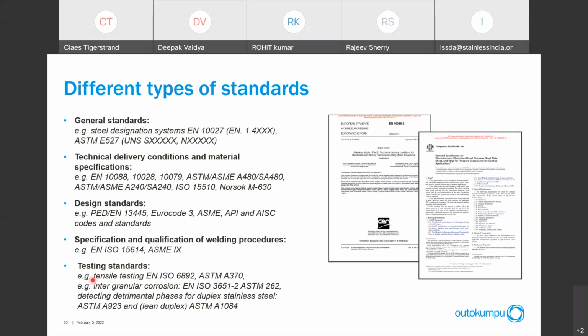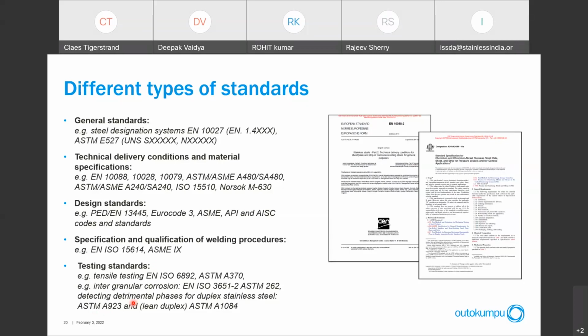And finally, testing standards for tensile testing and corrosion testing, and also quality control standards, for instance ASTM A923 to detect detrimental phases in duplex stainless steel, a very good tool to make sure you have the right properties of your grade also after fabrication.